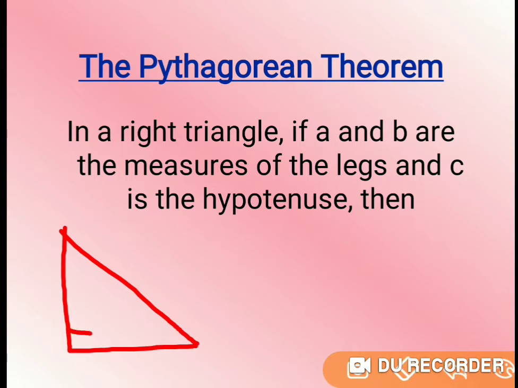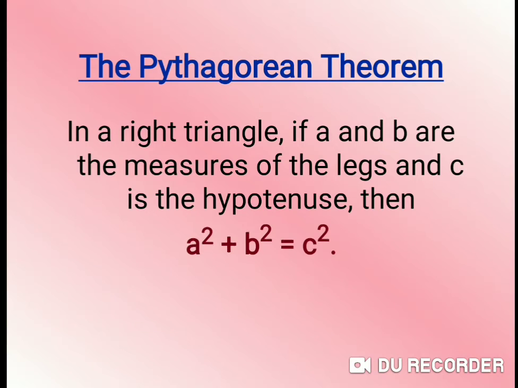This is our right angle and this is A, this is B and this is C. So don't forget, the hypotenuse will be considered as C and the two perpendicular sides of the triangle will be considered as A and B. Now in that case, if C is the hypotenuse of the triangle and A and B are the two perpendicular sides of the triangle, then A square plus B square should be equal to C square.